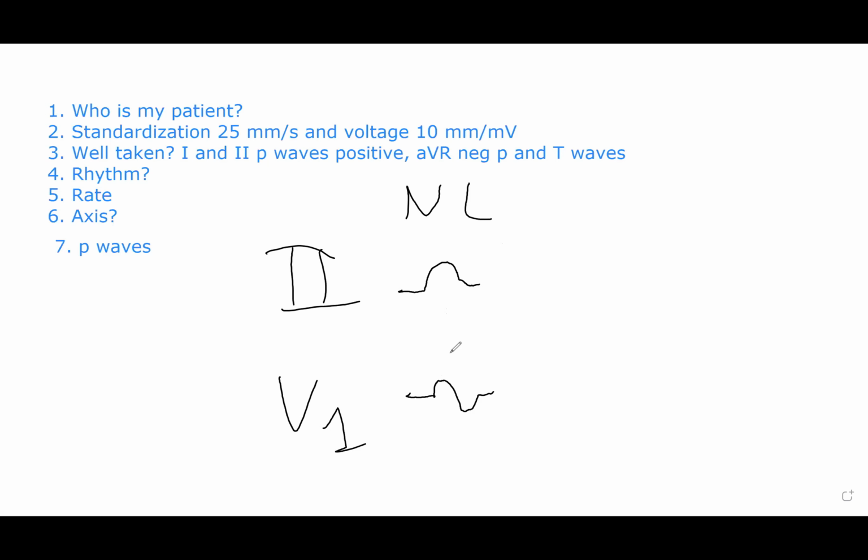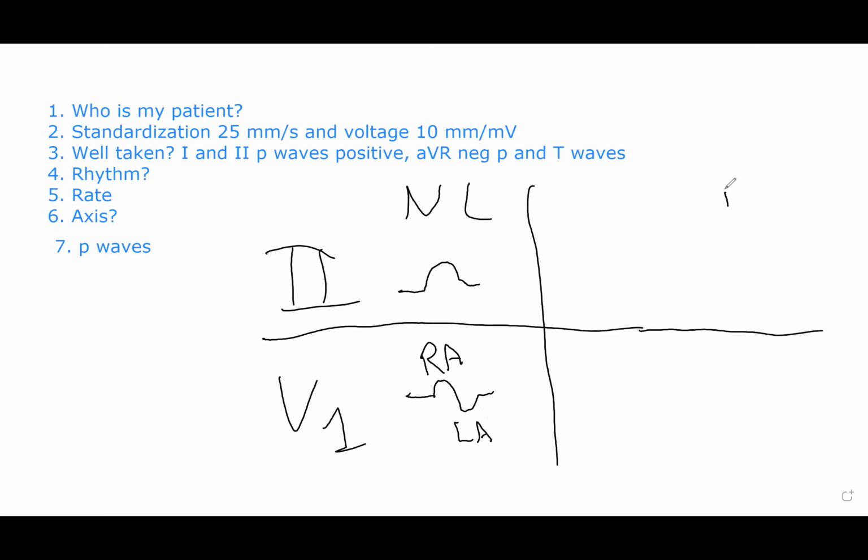So in V1, you will see the depolarization of the right atrium as positive and of the left atrium as negative. And that's why it's biphasic, okay? This is how you're going to state that the P wave is coming from the sinus.